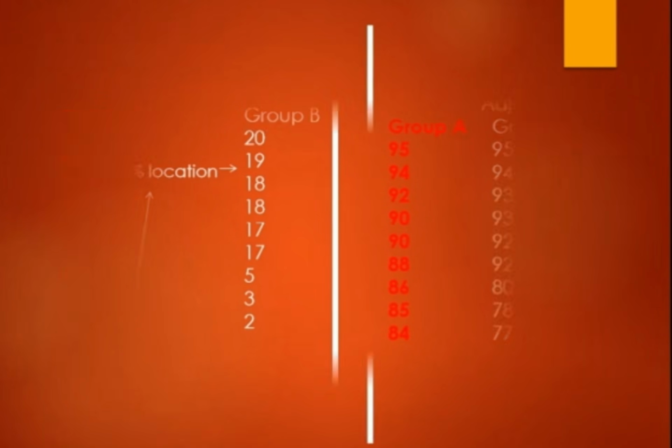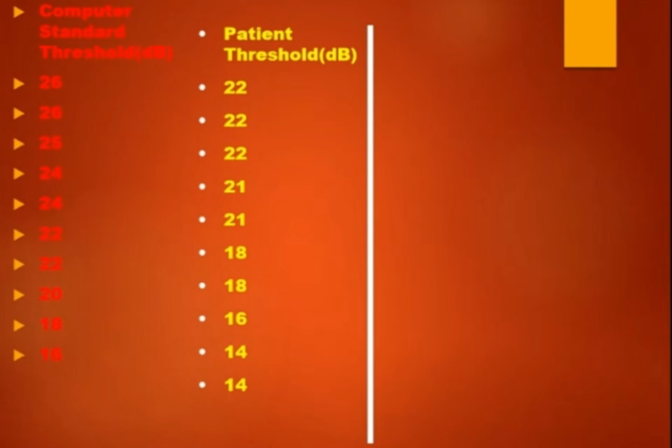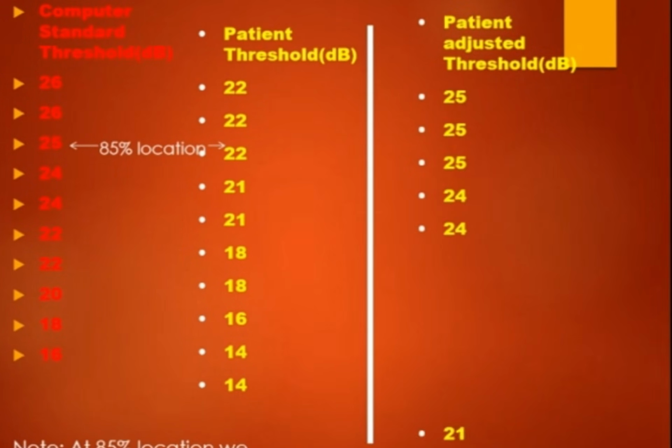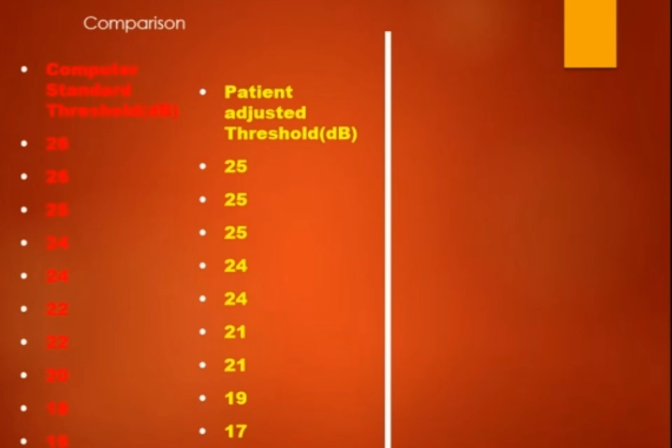So the pattern deviation compensates for the deficits seen in the total deviation. So these are the compensations seen: the pattern deviation compensating the deficits seen in the total deviation.